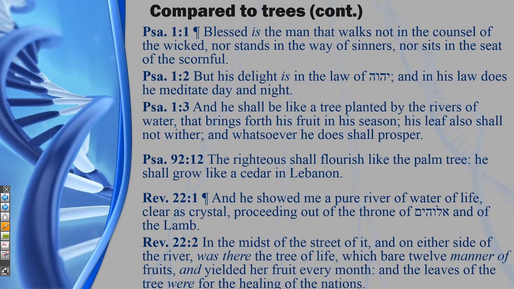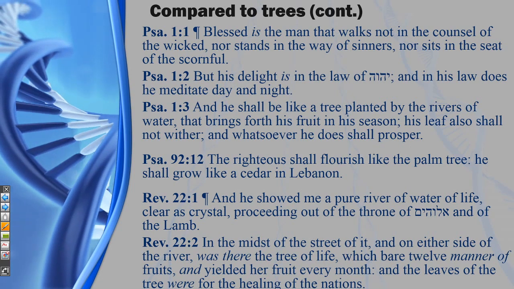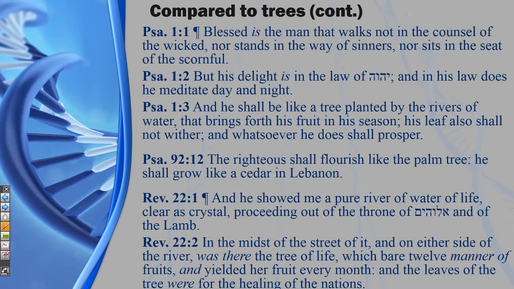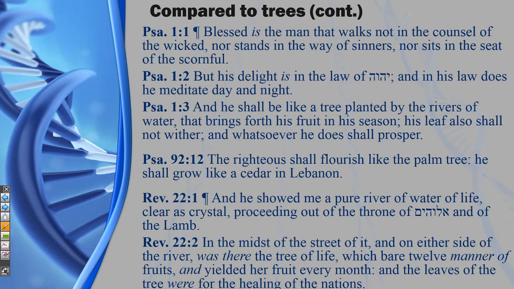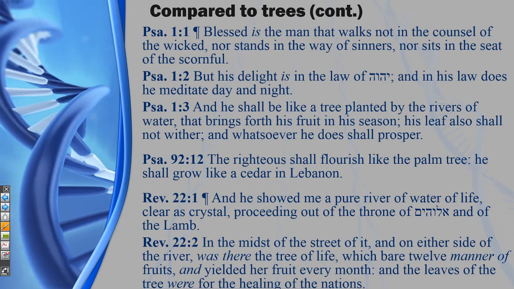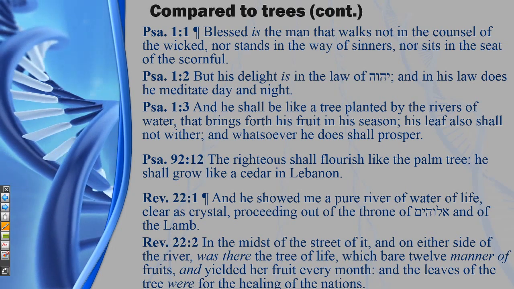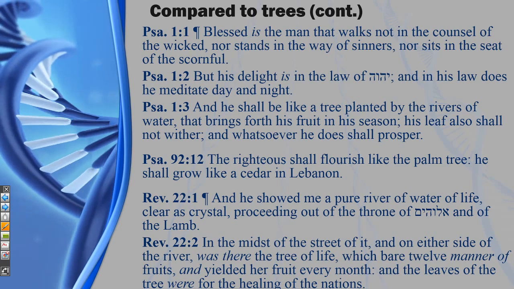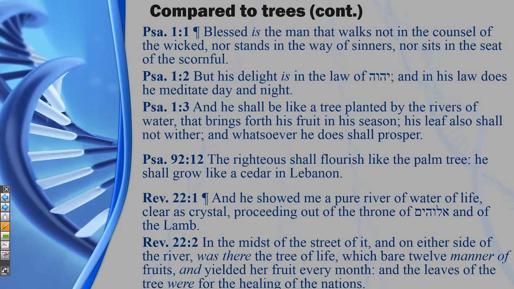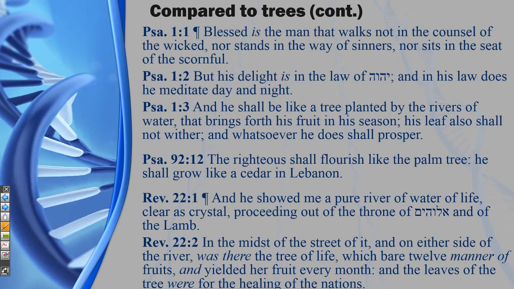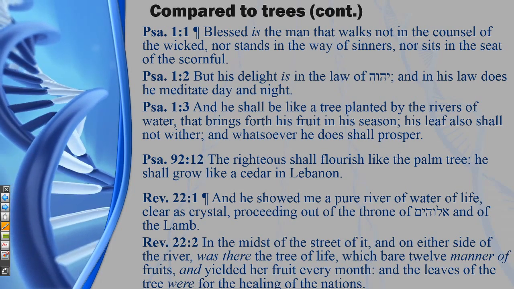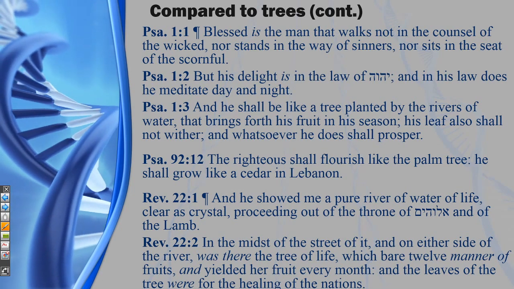But his delight is in the Torah, in the law of Yahuah, and in his Torah does he meditate day and night. He shall be like a tree planted by the rivers of water, that brings forth his fruit in his season, and his leaf also shall not wither, and whatsoever he does shall prosper."